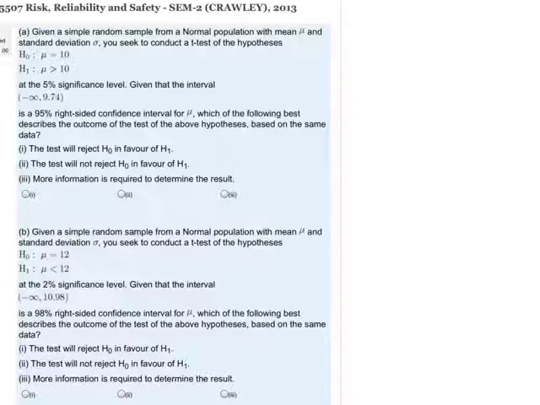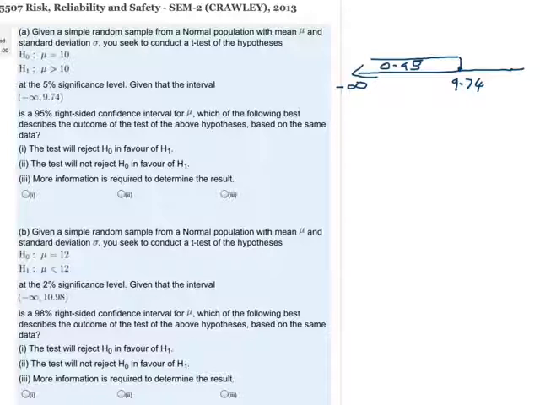If I draw a number line here, this is going to negative infinity, and this here is the value at 9.74, and there is a 95% chance that the value for mu is less than 9.74.